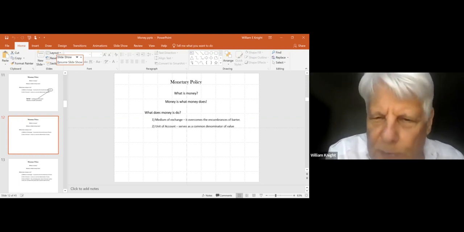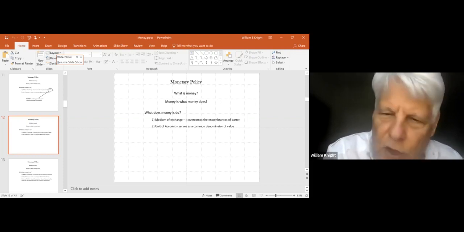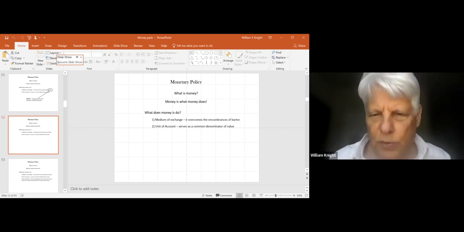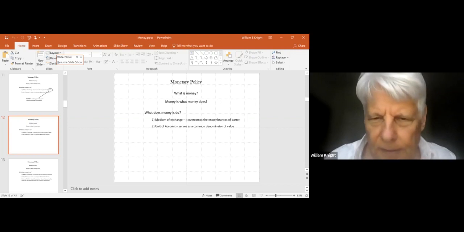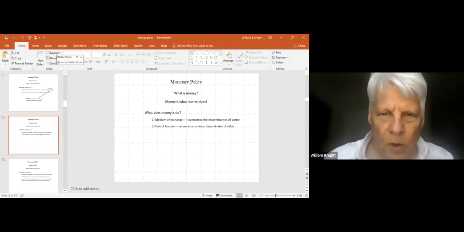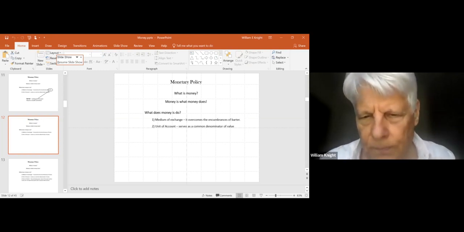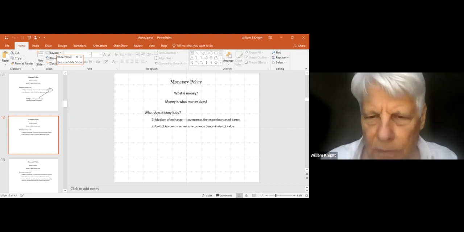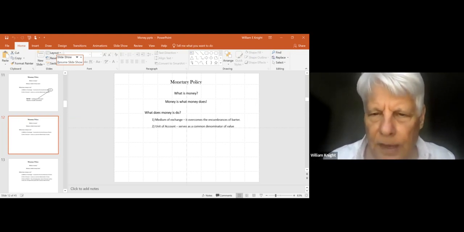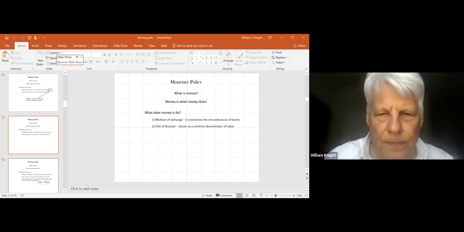But is he really going to accept a half a chair? Can you make change? Can you give him 4 chairs and he's going to give you back a half a chair? What the heck would you do with a half a chair? You know, you'd break your butt is what you do. So a chair would not serve as a good unit of account because you couldn't make change. You can count them and express prices in them, but you can't make change. So the chair wouldn't be a good unit of account.